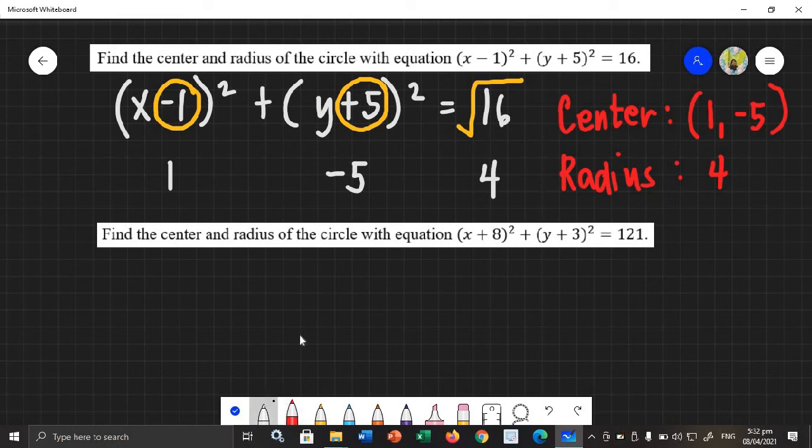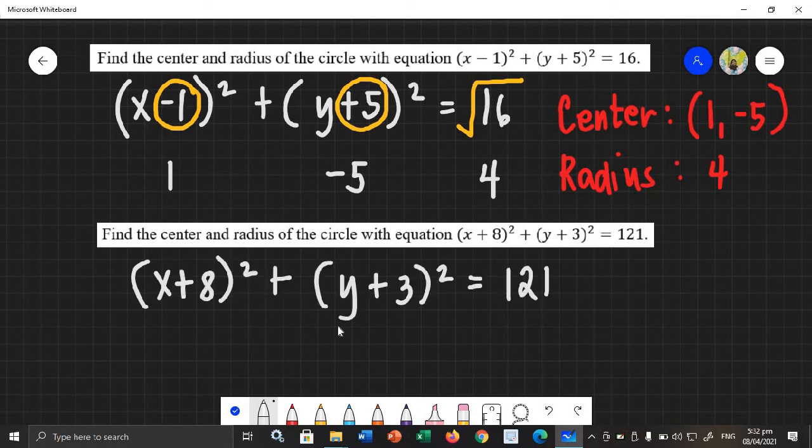And then, on the next one, we will also be finding the center and radius of the circle with equation quantity x plus 8 squared plus quantity y plus 3 squared equals 121. Using the same technique that we do. So, rewrite natin yung equation. And then, identify mo yung h and k mo, which is this one.